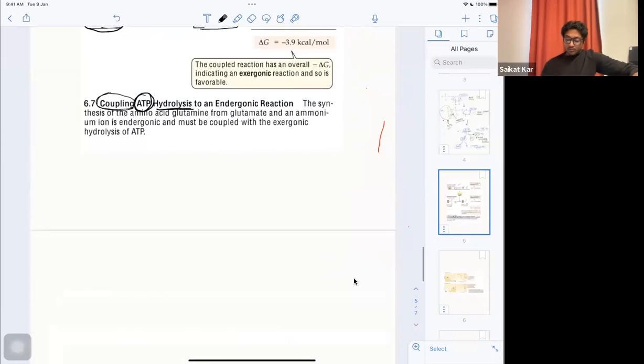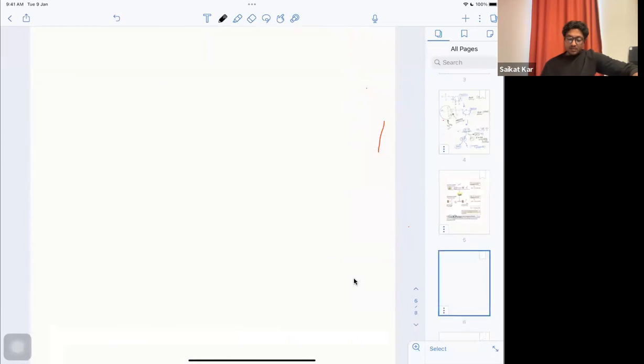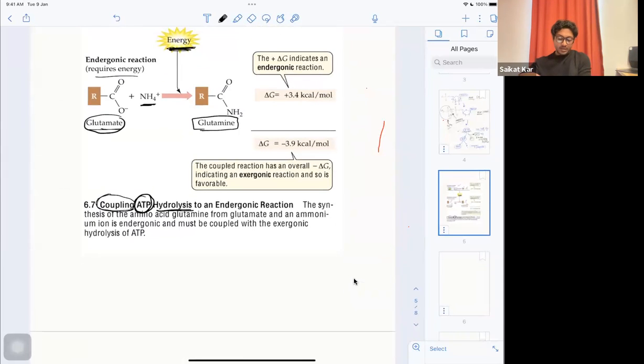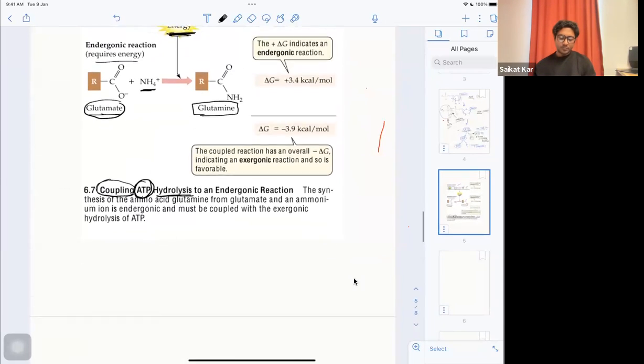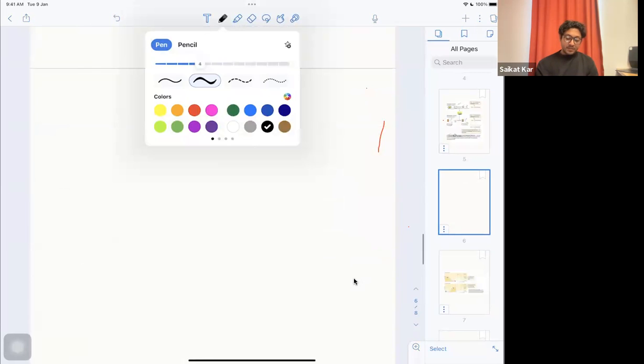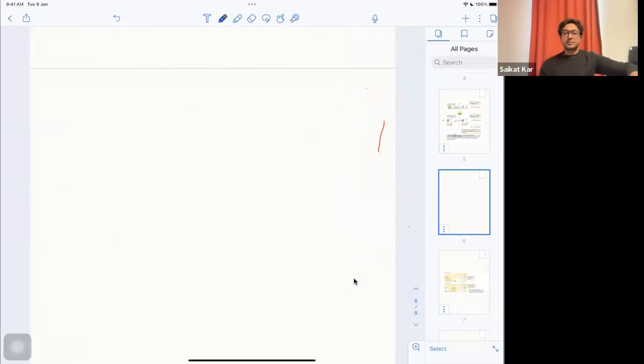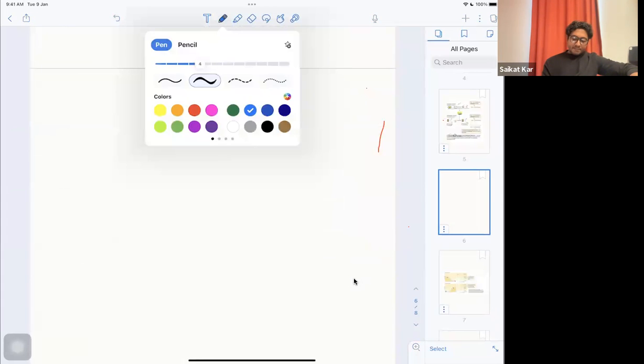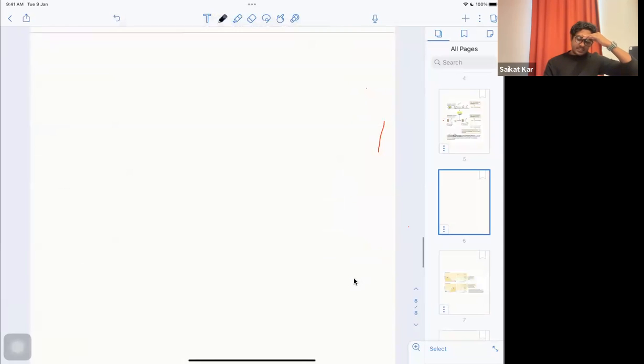Fine. So now let's recap what we have learned till now and make some sense out of it. We have seen that flow of energy is vital for survival of a cell.